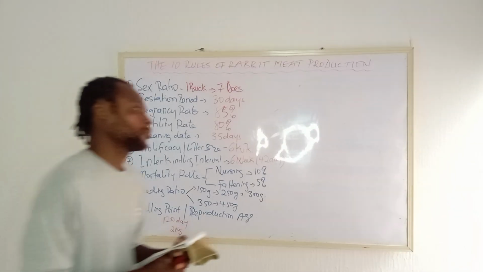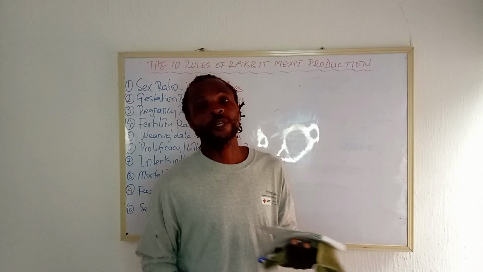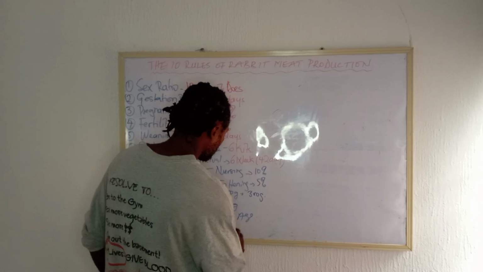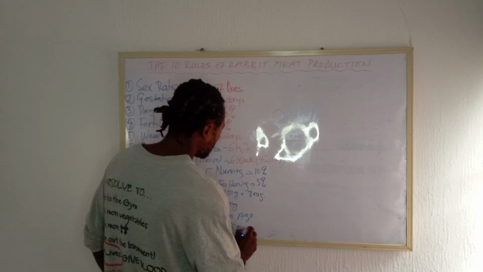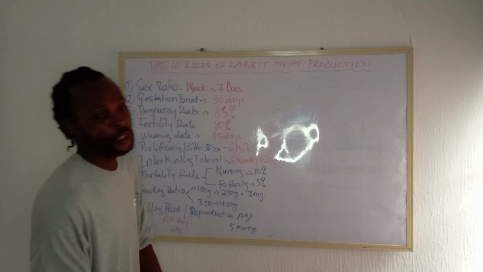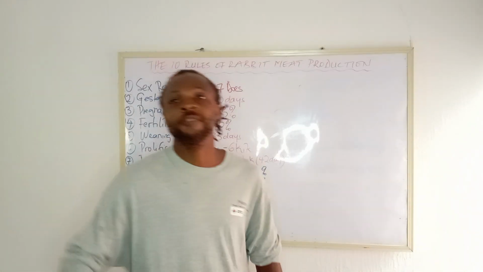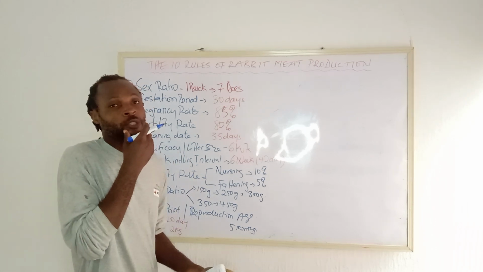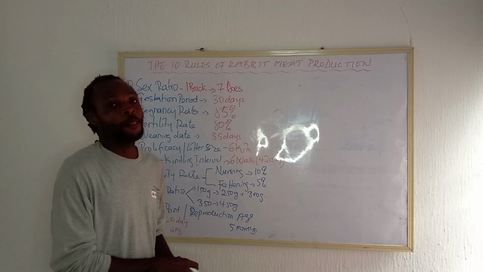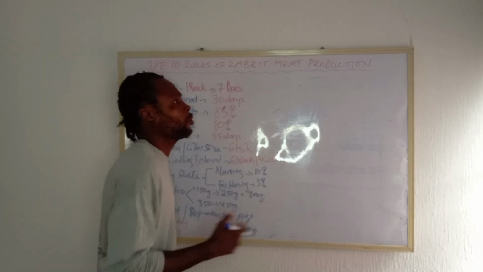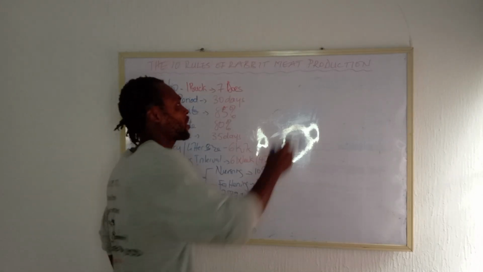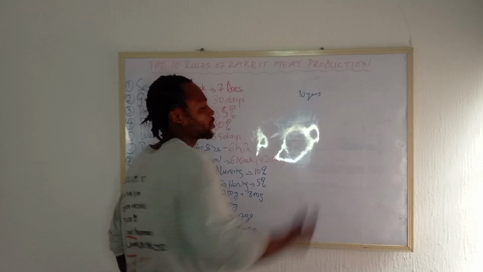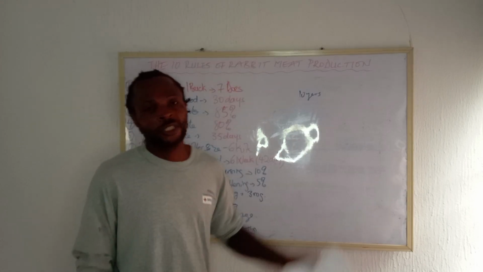Production age. Most times I always tell people, always breed your doe when they get to 5 months, not less than that. Some of them at 3-4 months are already sexually mature, but that doesn't mean you should breed them. It's just like a young girl. Most times a young girl gets her first menstrual cycle at 10 years, but that does not mean she can be pregnant.